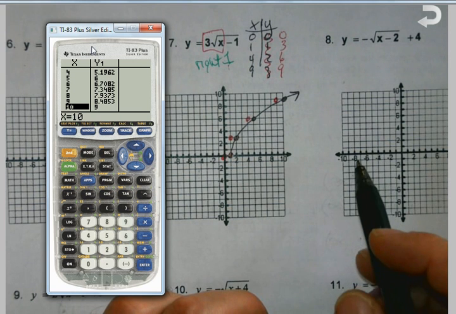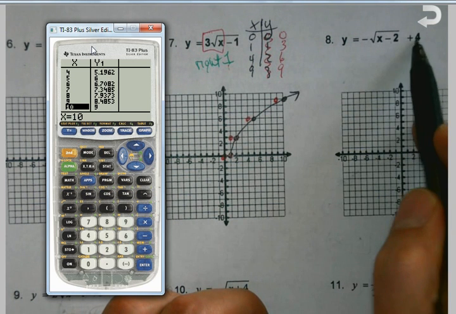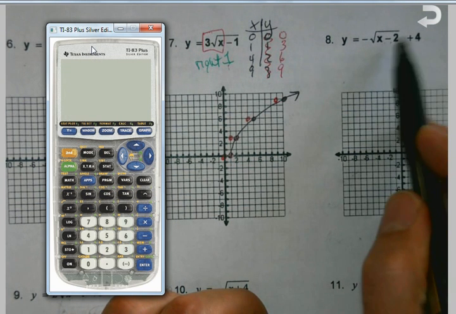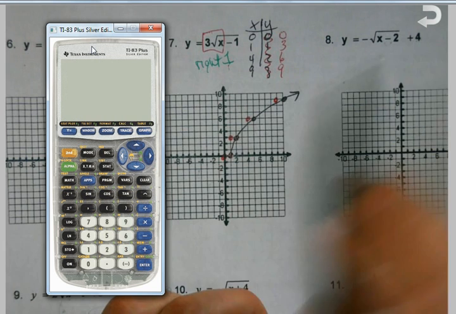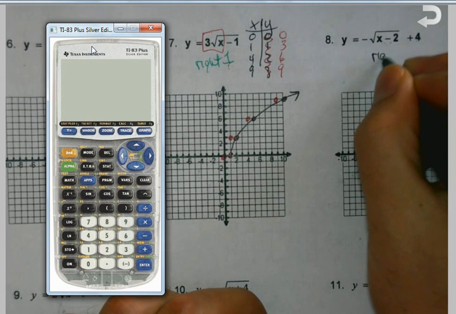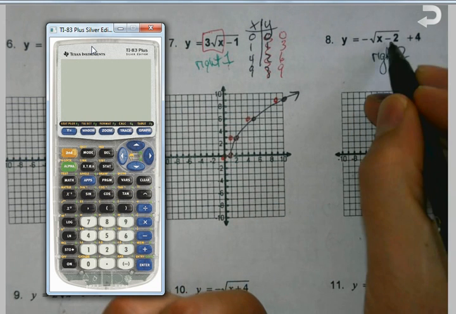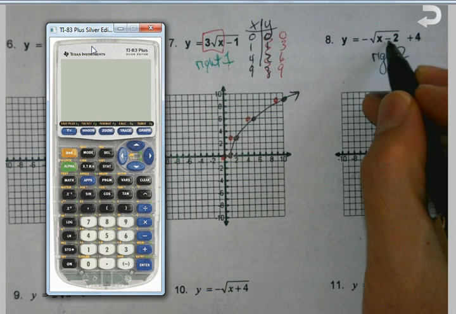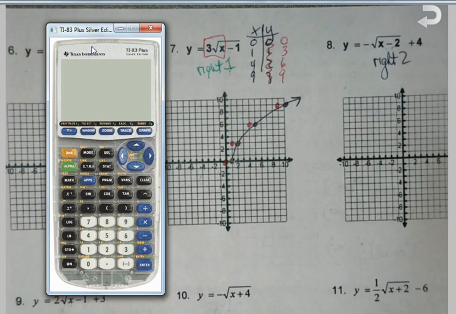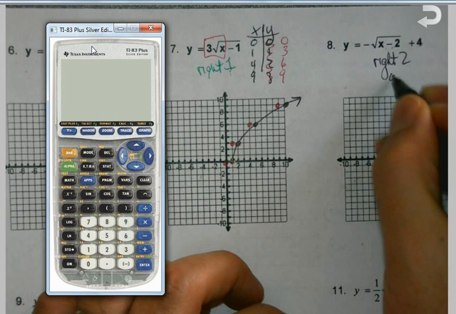Same thing I do here. What are my 2 shifts going to be? Okay, right 2, because again, I do the opposite. It's always my left or right shift underneath, and I see the minus. It's actually the opposite, because it's x minus h. And up 4.